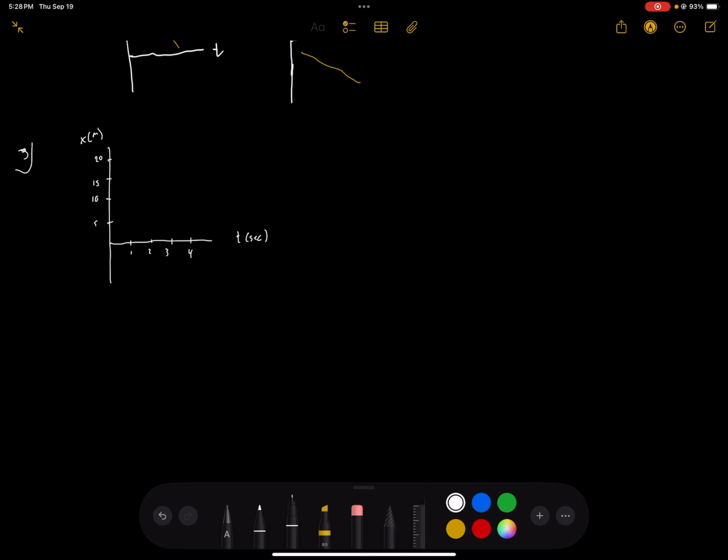And the person I'm looking at, let's do the first person, is going to have a graph that looks like this. I'm going to draw a straight line through all these points the best I can. And let's call this line Alice. This is a graph of Alice's motion.